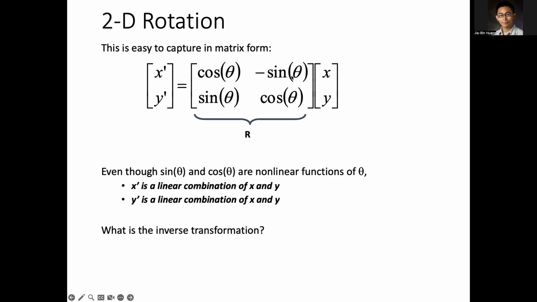Why do you know that the inverse rotation is just the minus moved to here? Any idea? Inverse of the matrix. Yeah, that's true. But I'm asking why that's the case.